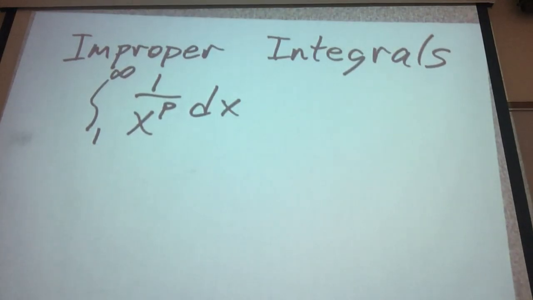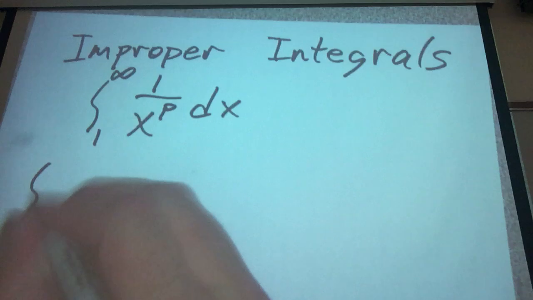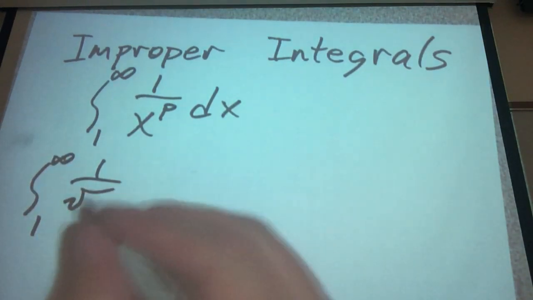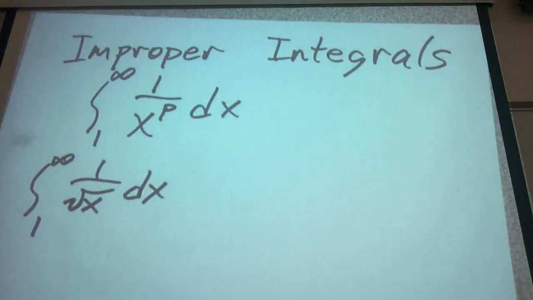okay? So let's say I wanted to do the integral from 1 to infinity now of 1 divided by the square root of x, and this is going to be an integral with respect to x. Now the first thing that you're going to do on an improper integral, and this is every improper integral, is you're going to put a limit on it. You have got to put a limit on it.